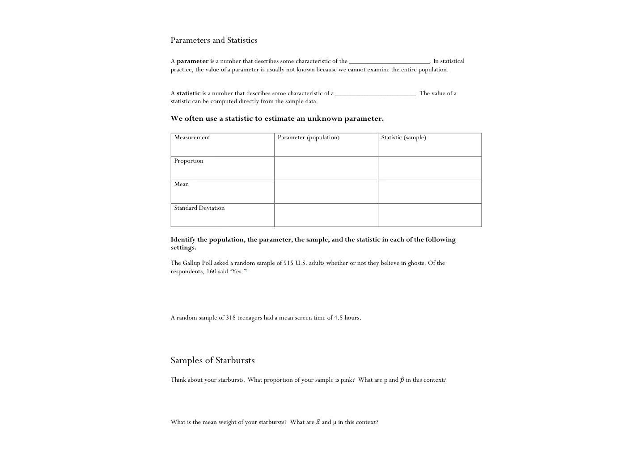Parameters and statistics. Okay. A parameter is some characteristic of the population. In other words, what percent of this entire bin is red?